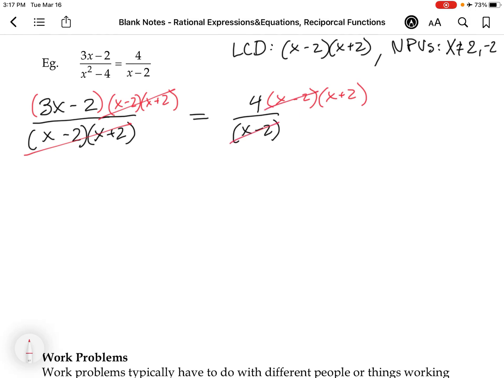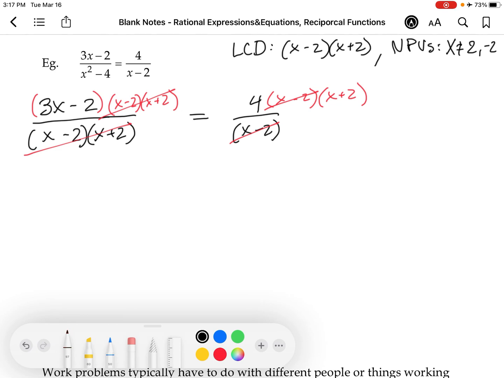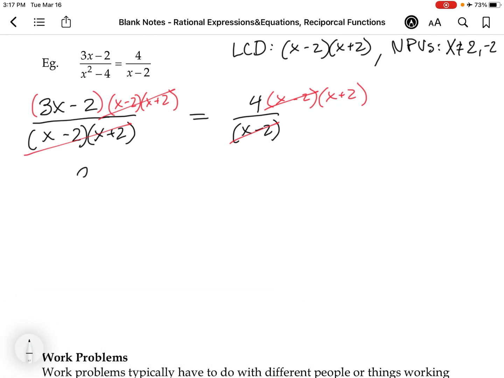And on the right side, the x minus 2's will cancel. So if I take a look at what I have left, on the left, I'm going to have 3x minus 2. And on the right, because this is a simple one, I can expand at the same time. 4 times x plus 2 is 4x plus 8.